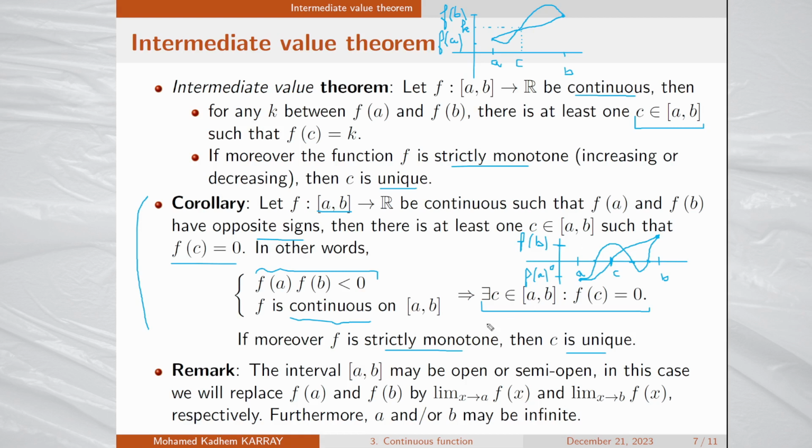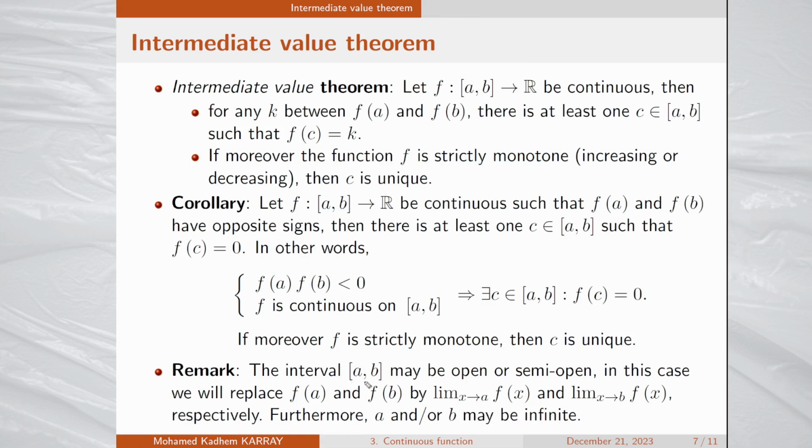The last remark in this slide is that the interval (a, b) may be open, like that, or sometimes semi-open. For example, it is open at a and closed at b. In this case, we should replace f(a), or the value of f at b, by the limits.